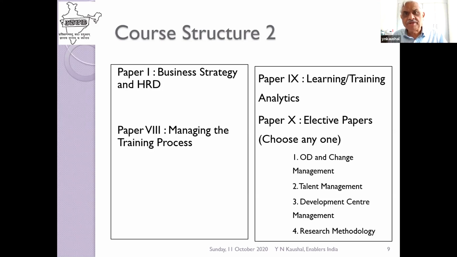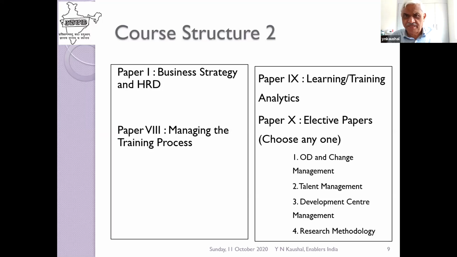Now we come to paper 9 and 10. Paper 9 is about learning and training analytics. And in fact, data analytics is becoming a very important part. What can we learn from this? How can we use this large amount of data we can collect, and how do we process it?